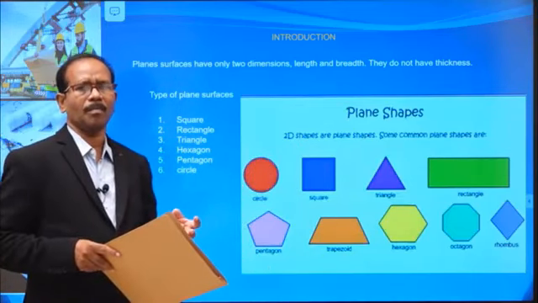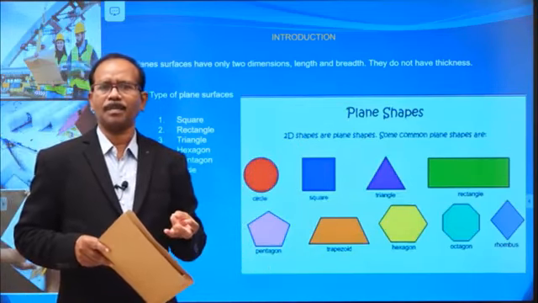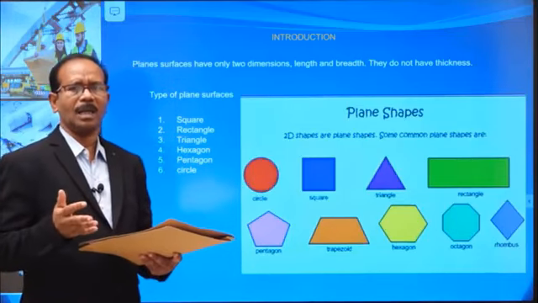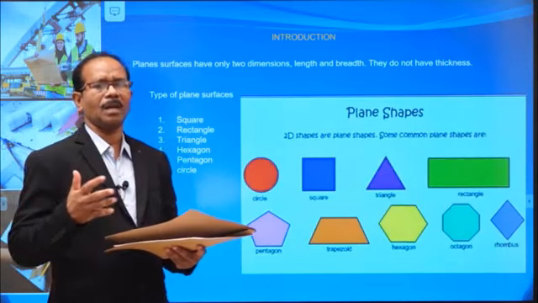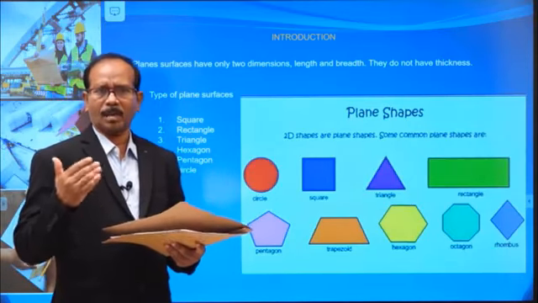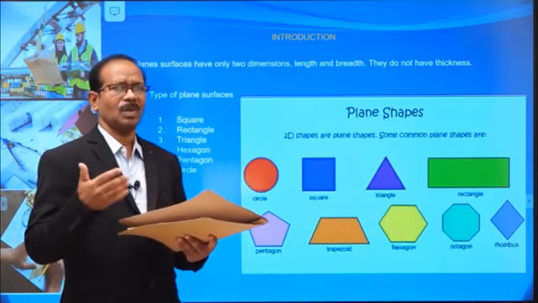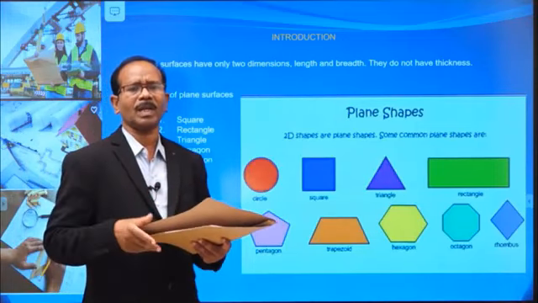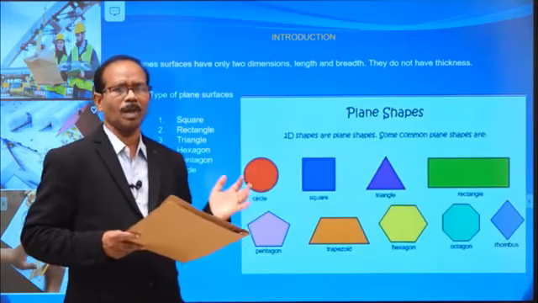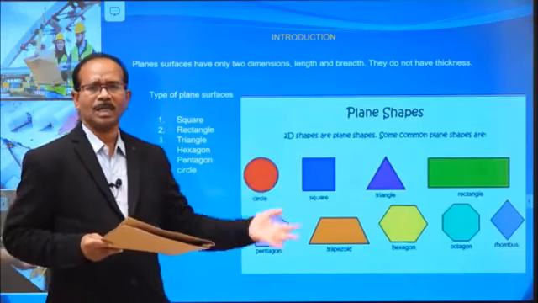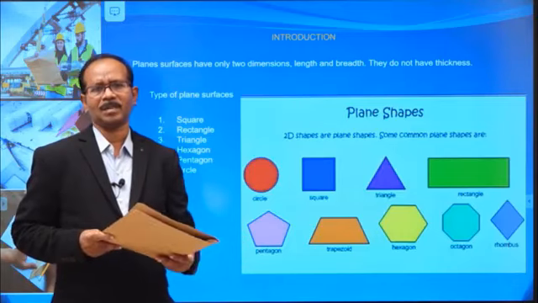Square shape, rectangular shape, triangular shape, hexagonal. We call these polygons: pentagon, hexagon, heptagon. So these are all polygons that come into this group. Again, circular shapes: circles, semicircles.